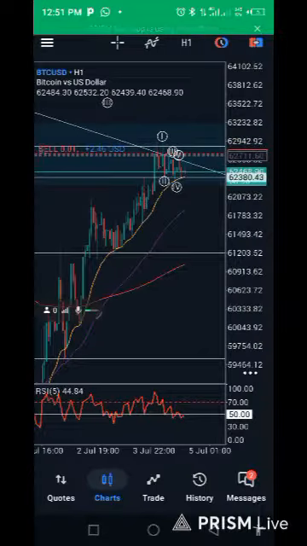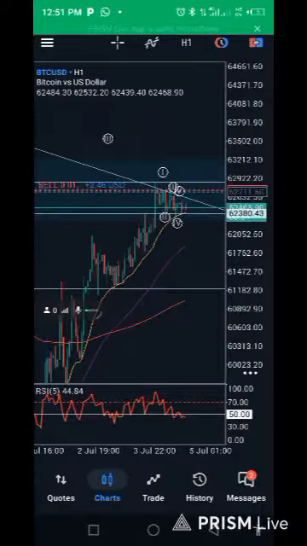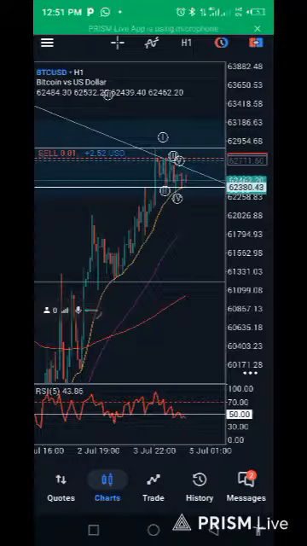You can see that Bitcoin on a higher time frame is bearish.